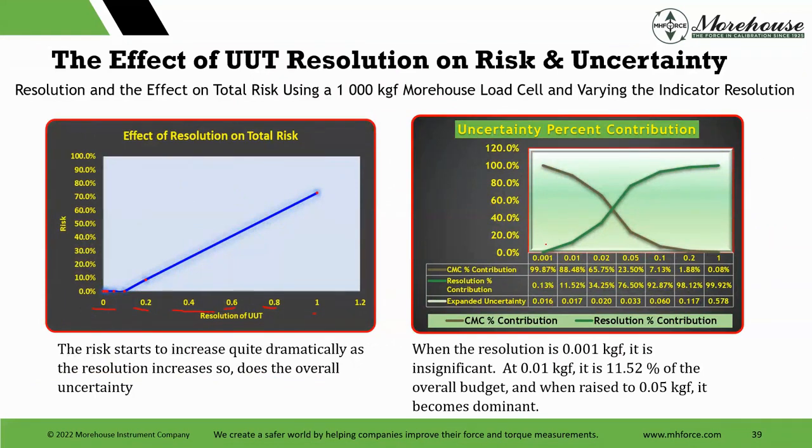Here, we're actually looking at the whole standard uncertainty. Resolution's only 0.13%. At 0.01, we're starting to become a larger percentage of our overall uncertainty budget. And if we had a 1,000 kilogram device with a 1 pound or 1 kilogram resolution, it would be 99.92%. So to say resolution is not significant or cannot be significant is problematic.